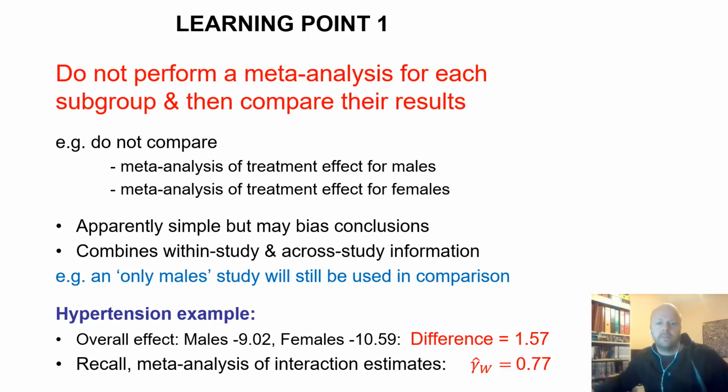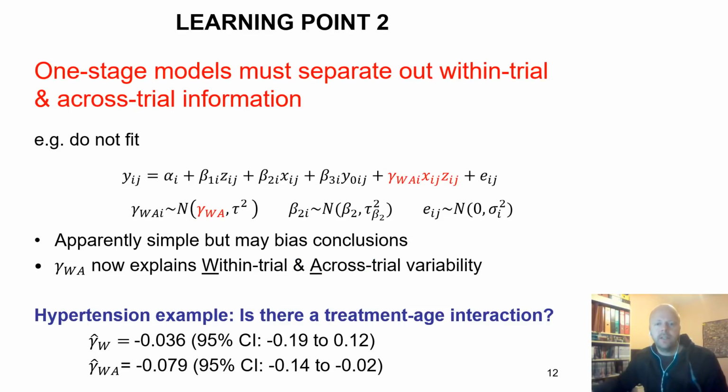So don't do that. The second learning point is to stress that we must separate out within trial and cross-trial information in a one-stage meta-analysis. So what people often do is just include an interaction term without stratifying by study or without centering your covariate. And what this does is it leads to an amalgamation between within trial and across trial information.